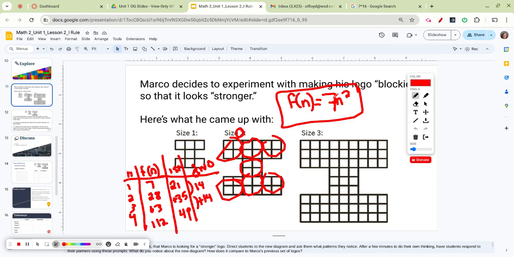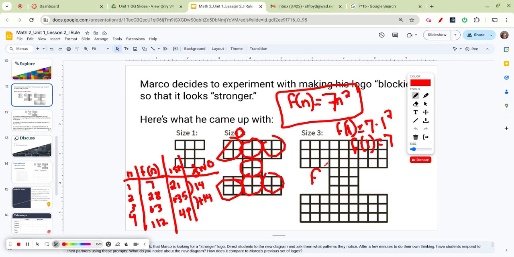If we're trying to find f of n, the number of blocks, and we have size 1, f of 1 is equal to 7 times 1 squared. So f of 1 would equal 7 times 1.